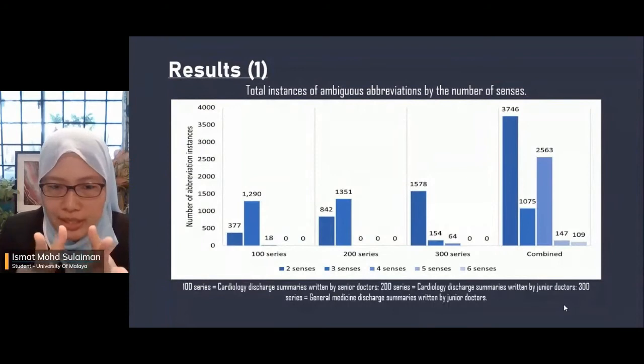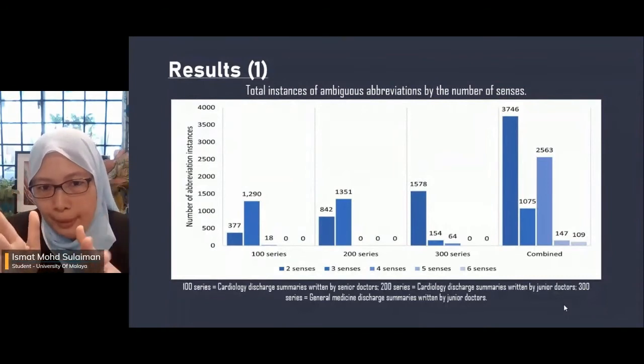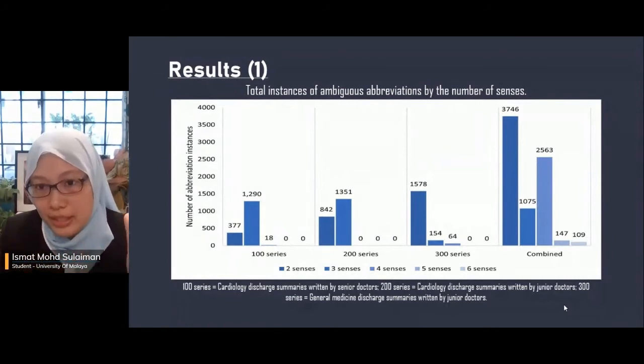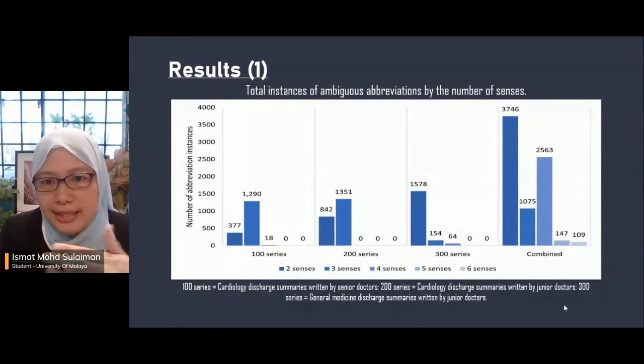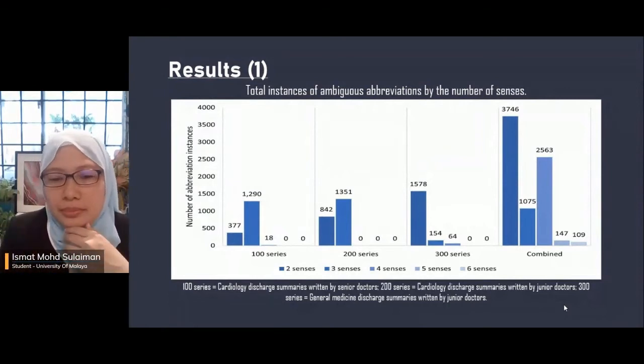The 200 series is also cardiology summaries, but written by junior doctors. The 300 series are the general medicine discharge summaries, also written by junior doctors. The last column is where everything is combined. You can see that as everything is combined, you get more senses, which means the abbreviations become more ambiguous.